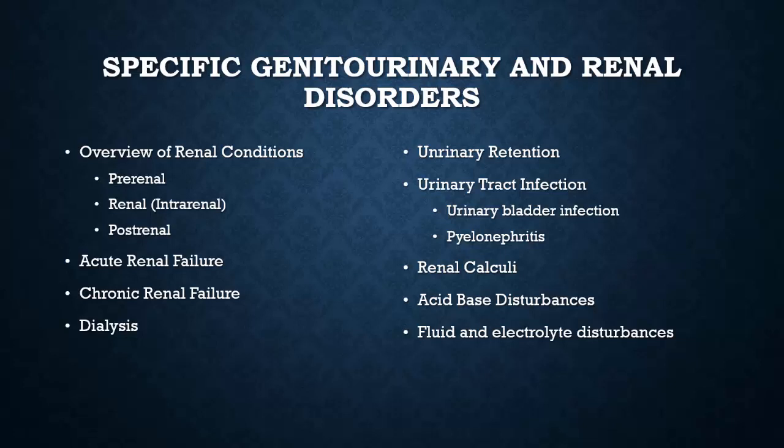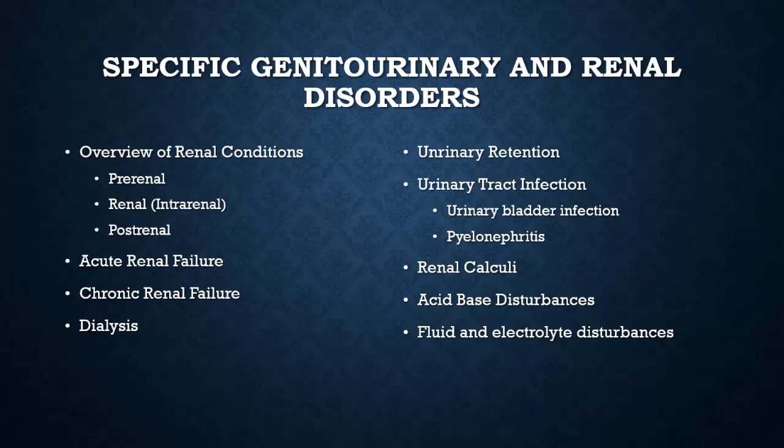Moving forward, specific genitourinary and renal disorders that will be discussed in this section include acute renal failure or acute kidney injury, chronic renal failure, causes of acute renal failure, which include prerenal causes, renal causes or intrarenal causes, and postrenal causes.